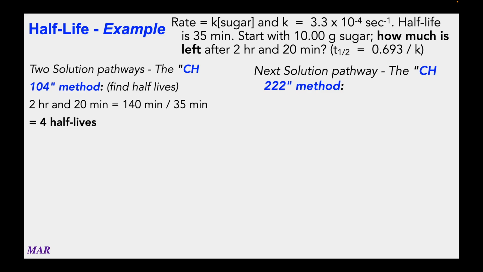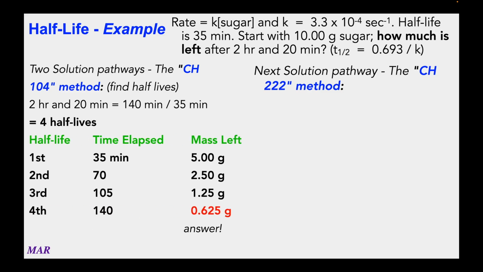So the total time divided by the half-life gives you the number of half-lives, 4 half-lives in the Chem 104 method. So if you're starting with 10 grams, after the first half-life, you'll be at half that, 5 grams. Second half-life, 2.5, third, 1.25. Fourth half-life, you'd be down to 0.625 grams. And that way does work, especially if you have a whole number of half-lives that have elapsed.